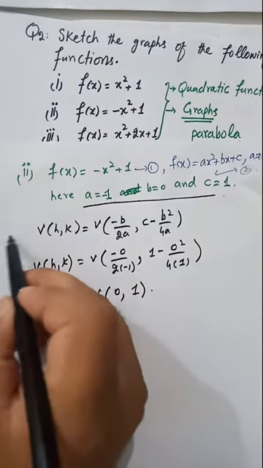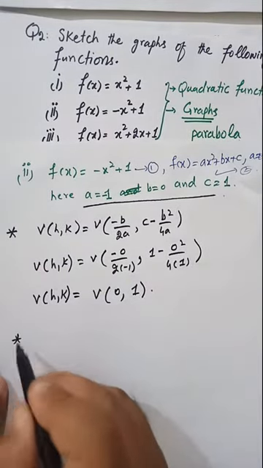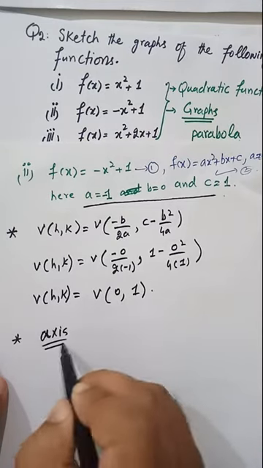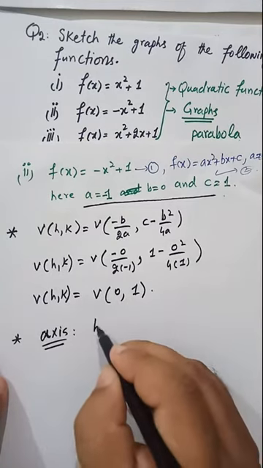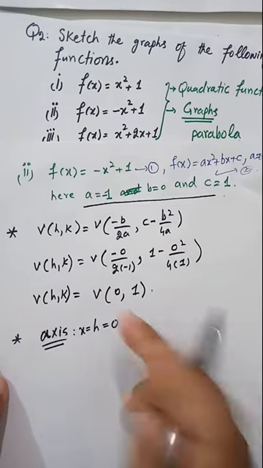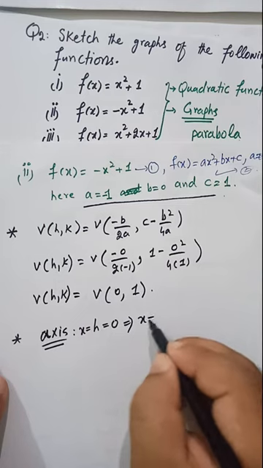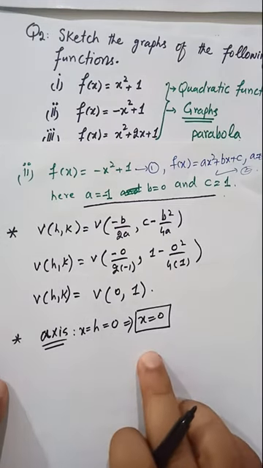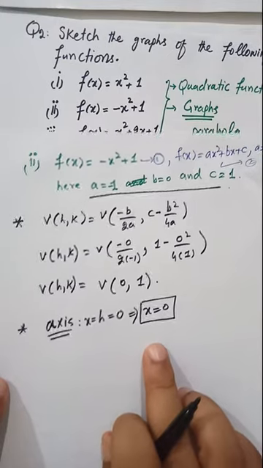Next, axis. h is equal to 0. x is equal to h and h is 0 in this case. So this implies that x is equal to 0, meaning the y-axis is your line of symmetry, the axis of the parabola.